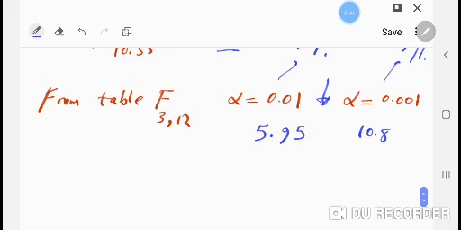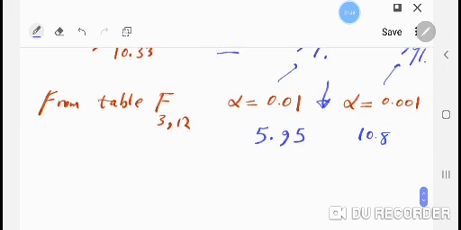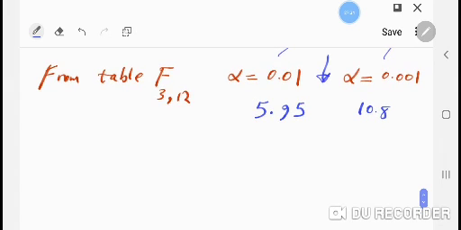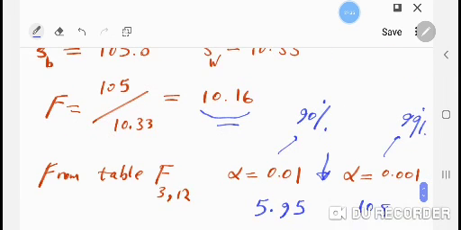There is a highly significant difference, because this number is very close to 99%.